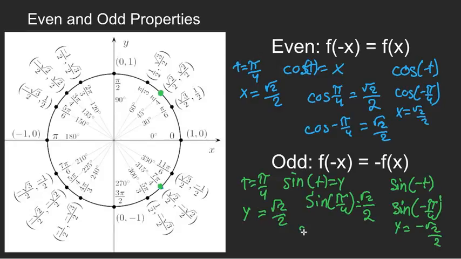So the sine of negative pi over 4 is equal to negative root 2 over 2. So now we can see that this fits the definition for an odd function, because sine of t, or sine of pi over 4, equals root 2 over 2, and sine of negative t, or sine of negative pi over 4, is equal to the negative of sine of t.